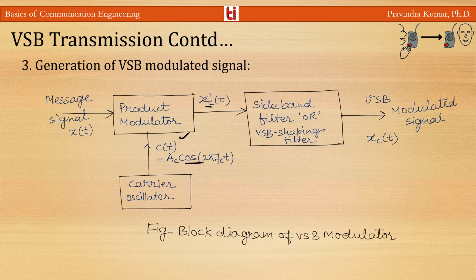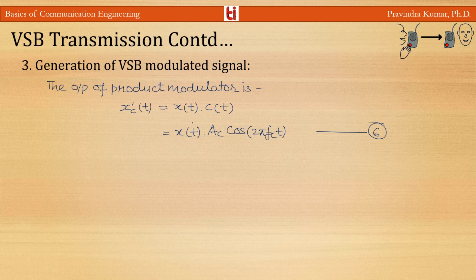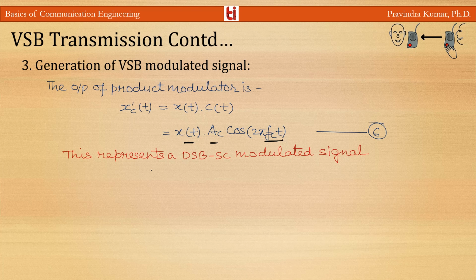The output of the product modulator, x'(t), will be x(t) c(t), and this represents a double sideband suppressed carrier modulated signal. So the output of the modulator will be x(t) Ac cos 2πfct, which is the DSB-SC modulated signal. This DSB-SC signal is then applied to a sideband filter.